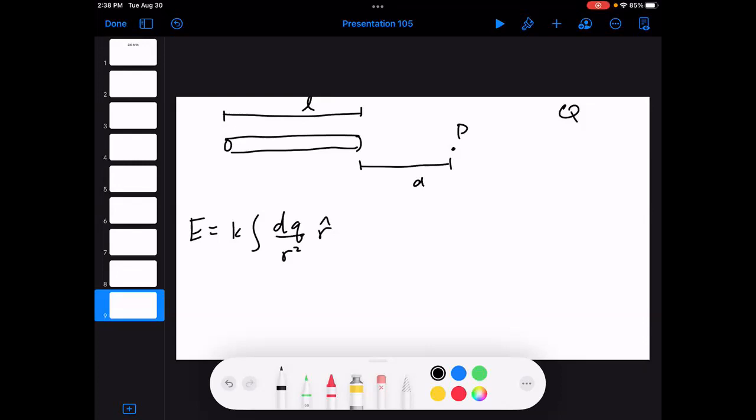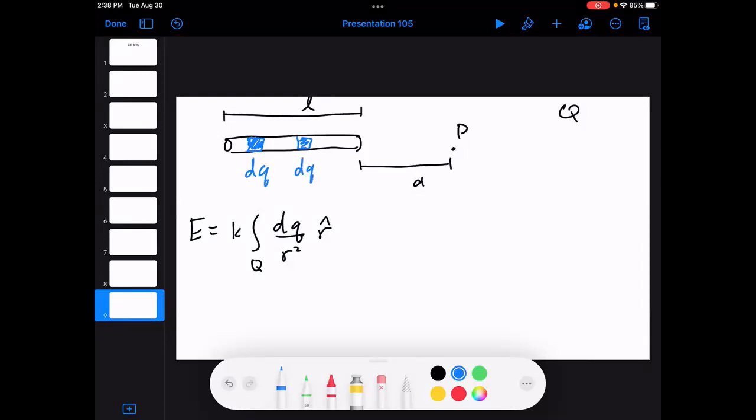with the idea that we're adding up dQs. So it's a good idea to first draw a few dQs on here and get an idea of what we're actually adding up. So let's draw our dQ. That would be a dQ right there, and that would be another dQ.